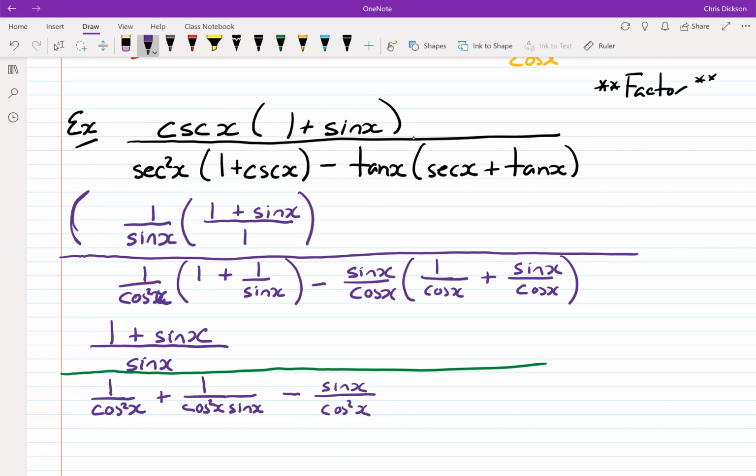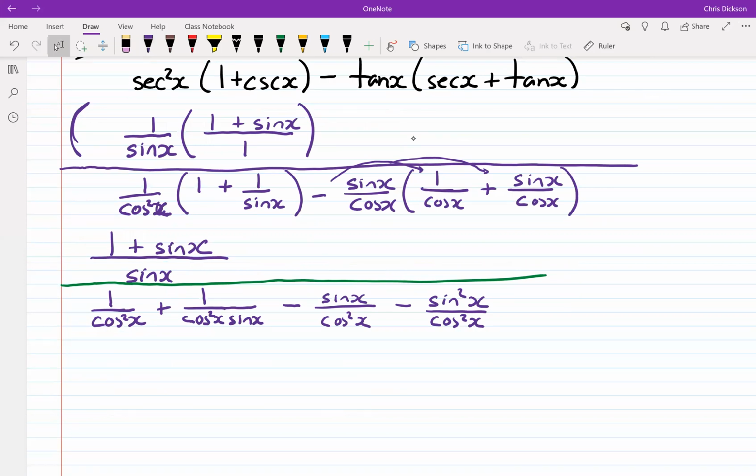And then I get minus, because you have to distribute that negative into both, so I get minus sine squared x over cos squared x. Does that make sense? I think that makes sense. Oh, there was an easier thing to do. Oh well, doesn't matter. I'll keep going.